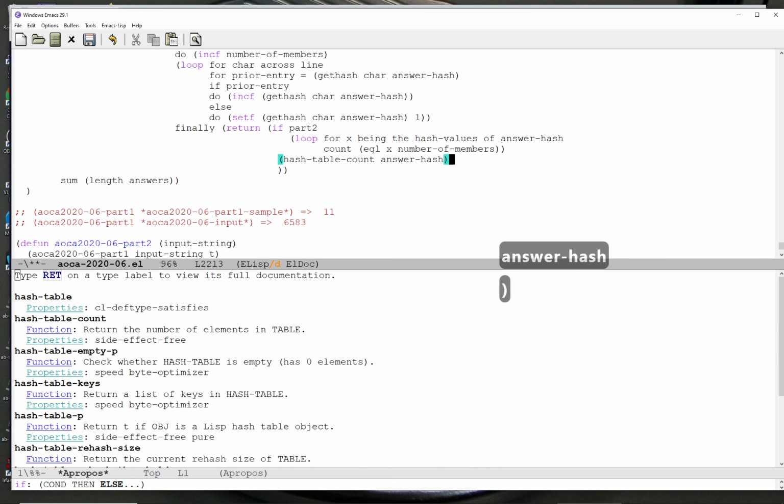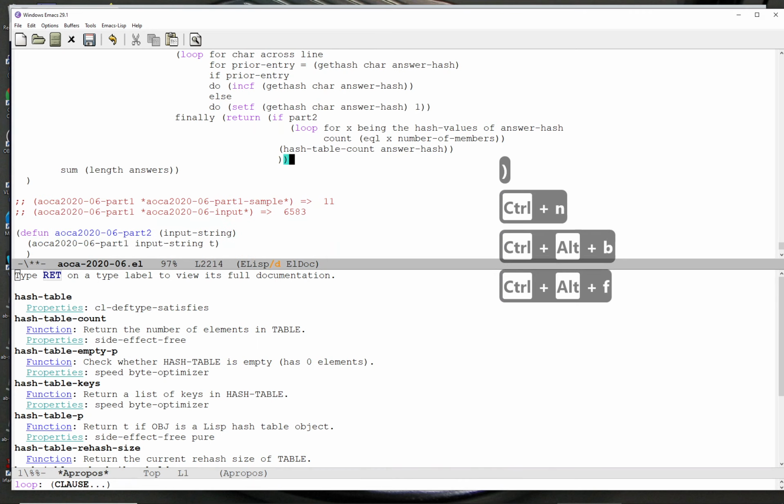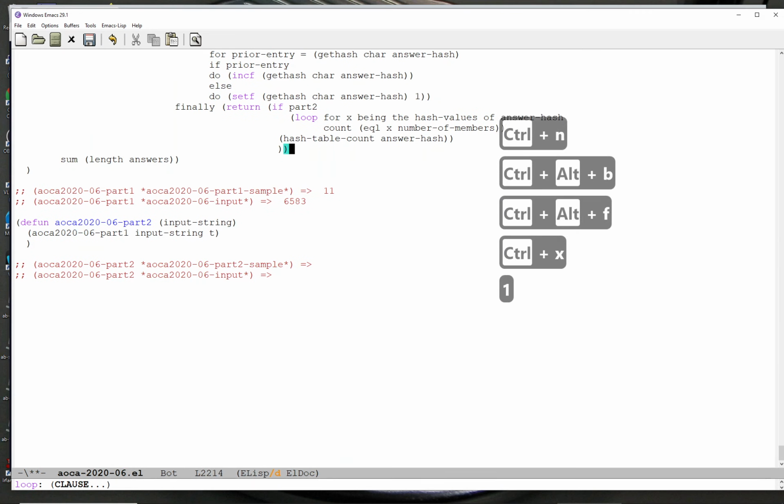So that's how many entries there are in the hash table, no matter who did it. So now we can make sure that that finishes our loop. And then we can go to the end.